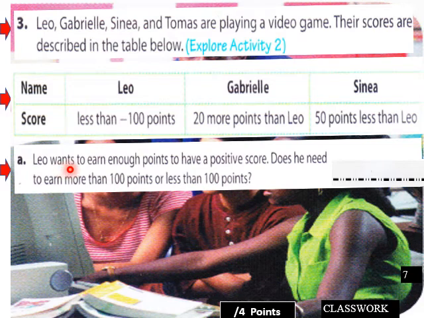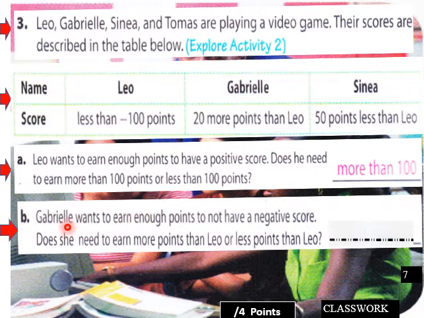Part A. Leo wants to earn enough points to have a positive score. Does he need to earn more than 100 points or less than 100 points to have a positive score? Does he need more? He needs more than 100, right? Negative 100 and 100 would be 0. So he needs like 105 points or something.